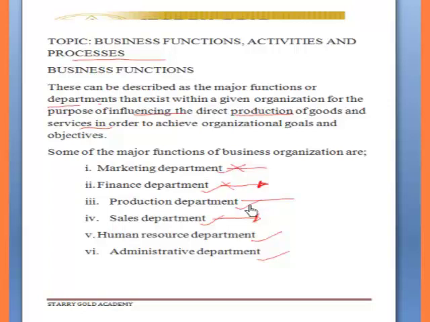So it is one of the main duties and activities of the human resource department to recruit or bring into the firm or organization a number of people that can be charged with the responsibility of delivering certain goods and services to the organization in order to achieve set goals and objectives.